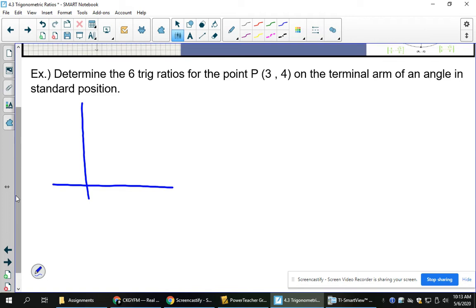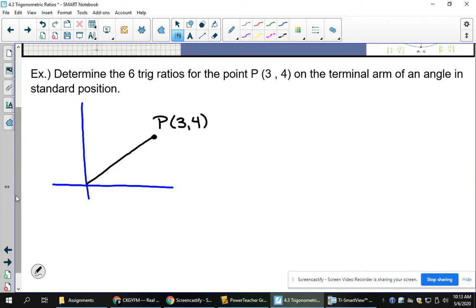What quadrant do I have positive x and y values in? Just quadrant 1. Standard position means your terminal arm comes out of the origin. It's not coming out of anywhere else on the Cartesian plane. This terminal arm has this point P on it at 3, 4.